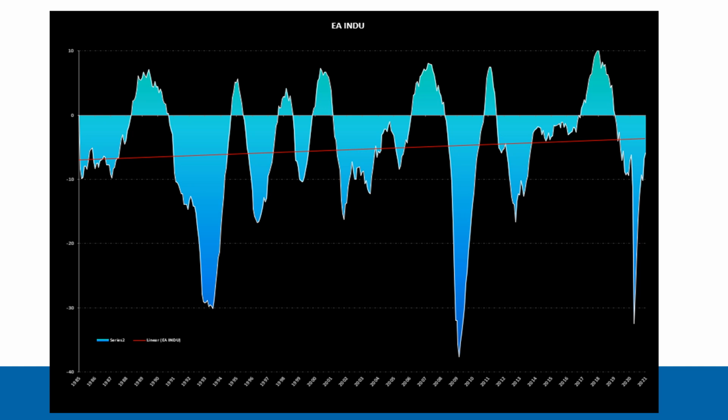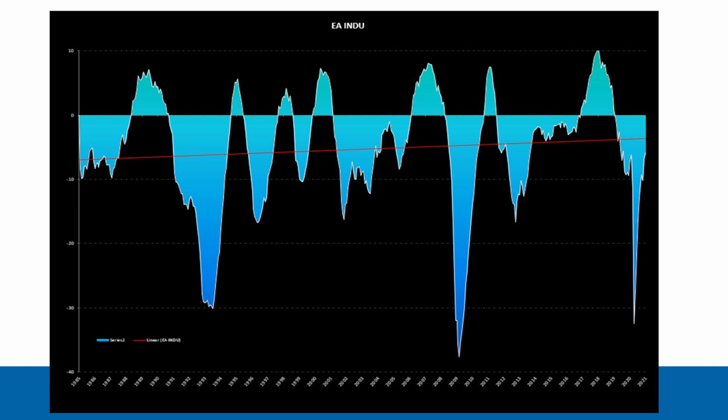So manufacturing companies were actually quite bullish. And in the 2011 to 2015 period, there's negative sentiment here, and obviously they were contributing to that negative number at the composite level as well.